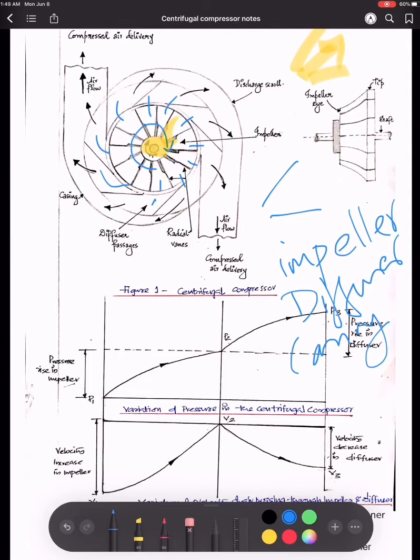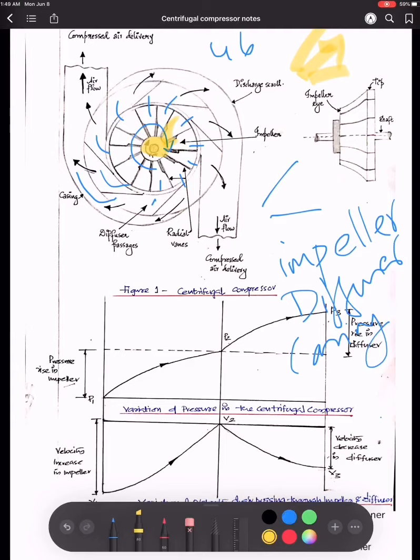According to the continuity equation, when area increases, the velocity decreases. So this decrease in velocity is made up by an increase in pressure. When it goes out of the diffuser blades, the air will have a very high pressure, with a pressure ratio of 4 to 6. Now this is the working of a centrifugal air compressor.